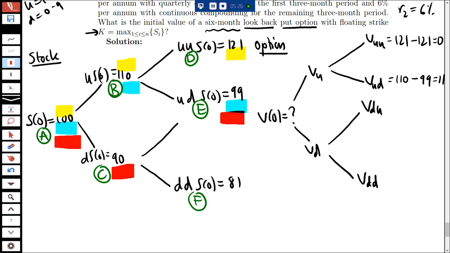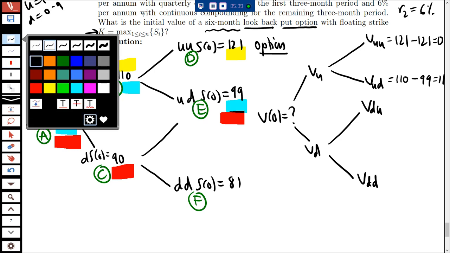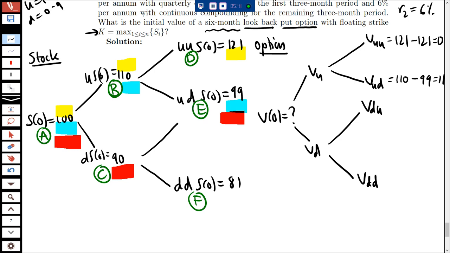So we got to the 99 by taking the down and up path, and the largest share price now is 100. If you look at the red, the largest is 100. So in this case the value of the option is 1.